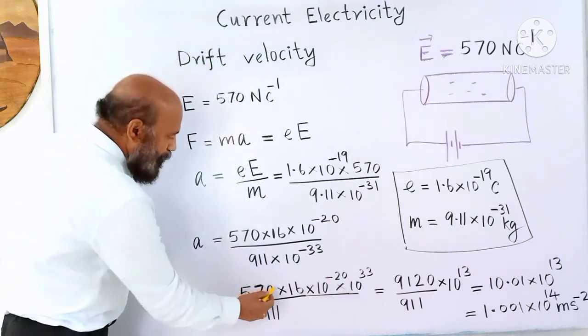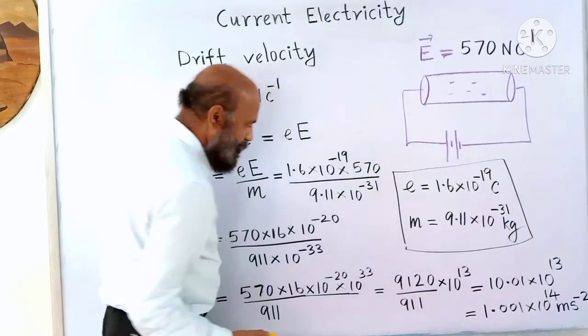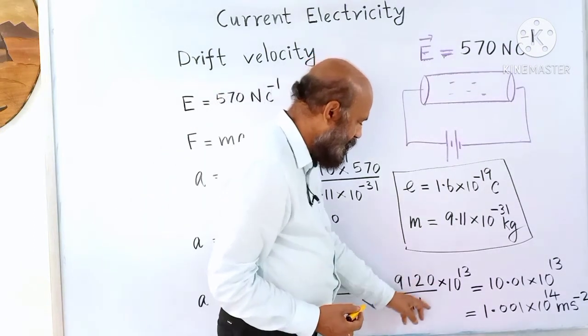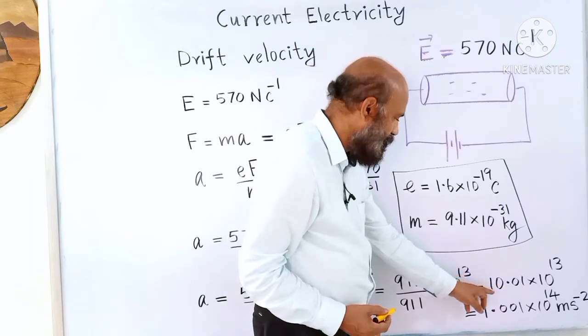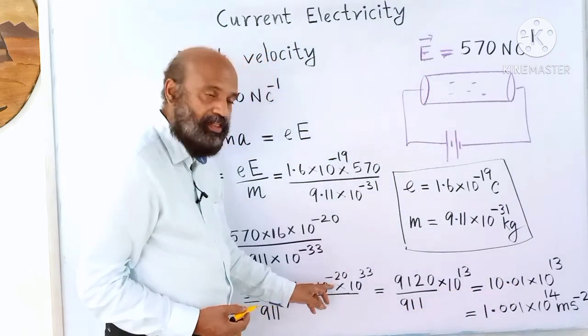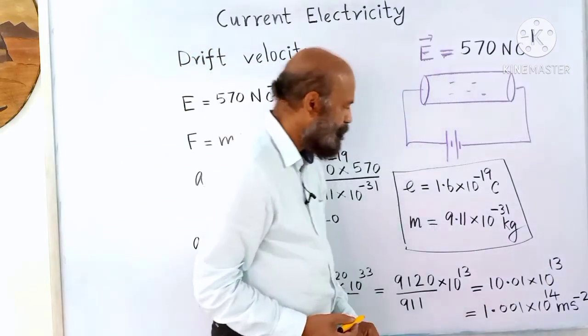When you multiply these two numbers, 9120 is to be divided by 911. When you divide, you will get 10.01. Combining the two powers, it is 10 raised to 13.